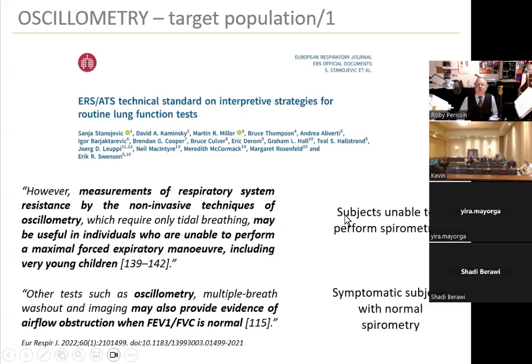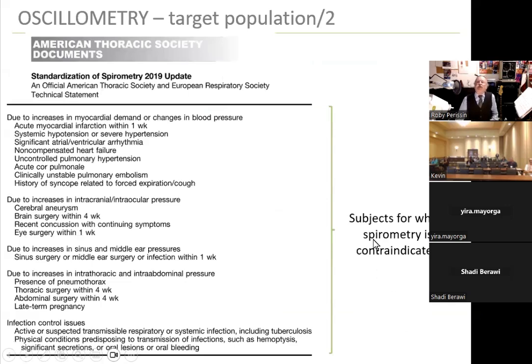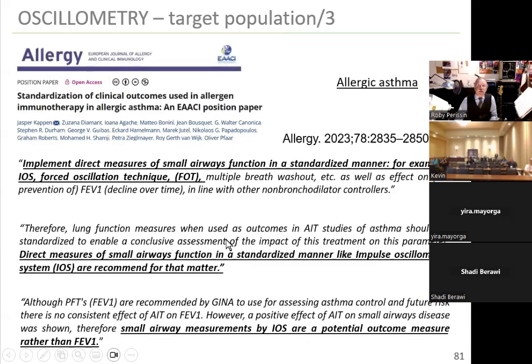Now, what subjects is it easy for? Subjects unable to perform spirometry. That goes without saying, of course, those are the ones that can't perform it. But also important, documented symptomatic subjects with normal spirometry. Also, subjects for which spirometry is contraindicated, and I'm sure that you know the ATS and the AARC guidelines listing the many conditions where spirometry is contraindicated.